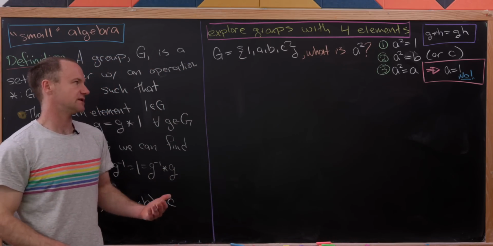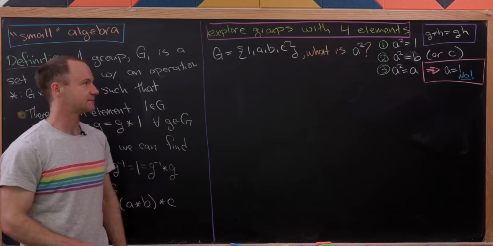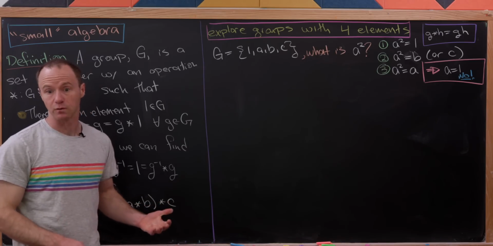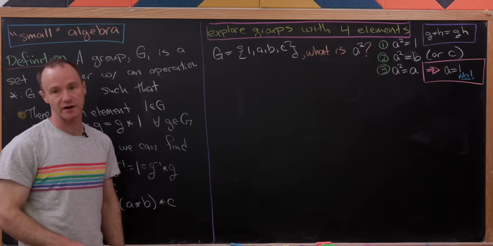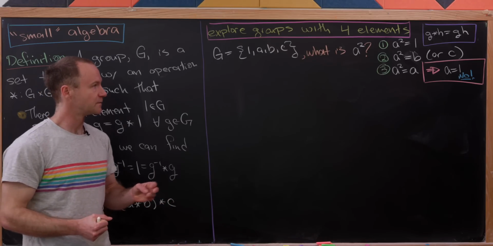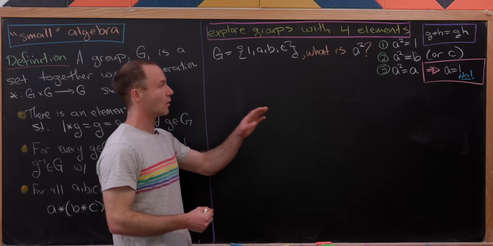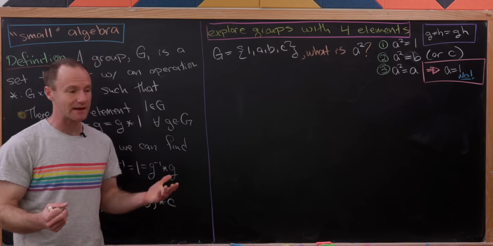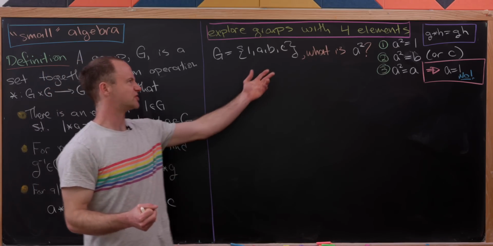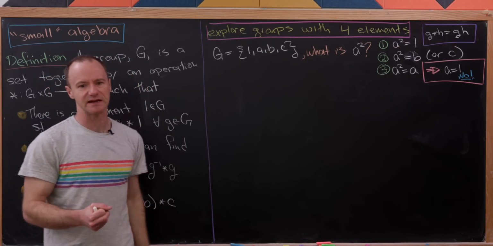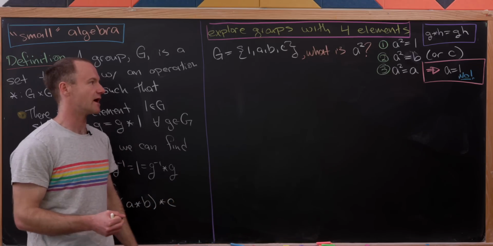Well, there are exactly 3 possibilities. A squared could be equal to 1, so that means A is its own inverse. That's totally legal. A squared could be equal to B or C, and those are really the same case because we could just switch B and C and do them the same way.